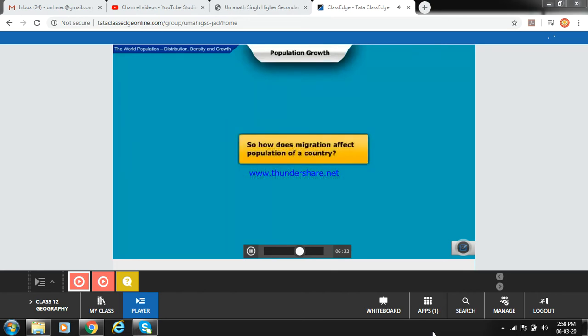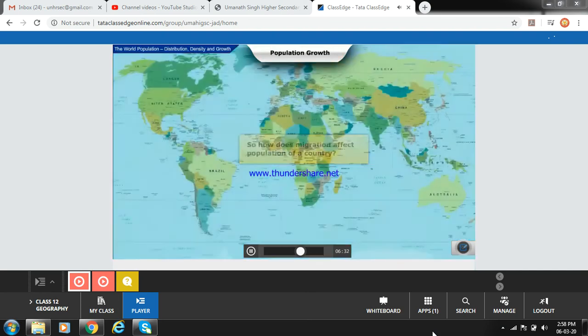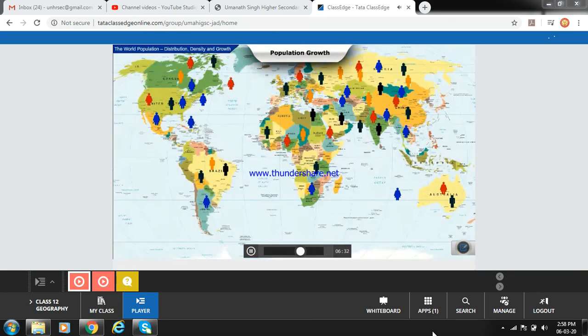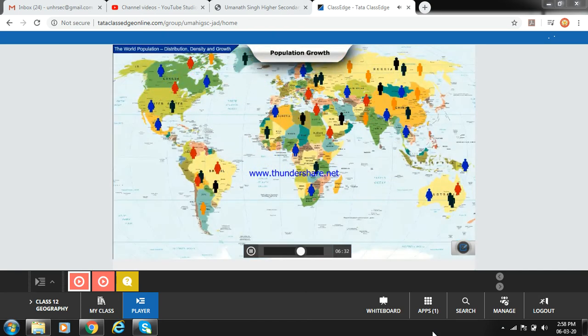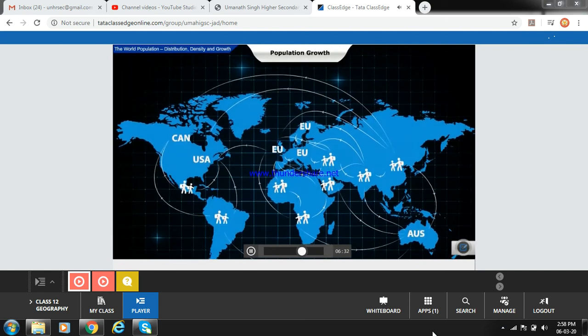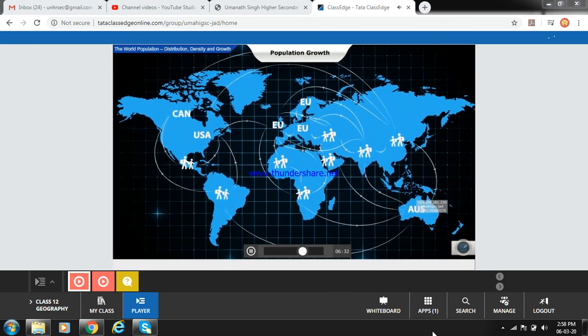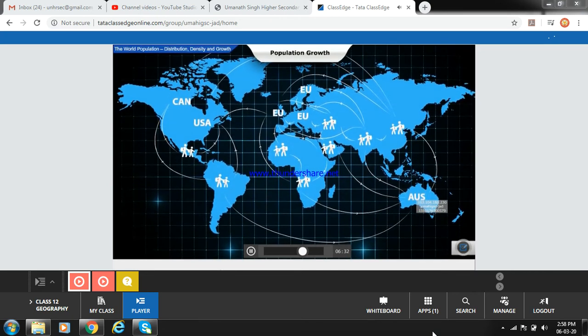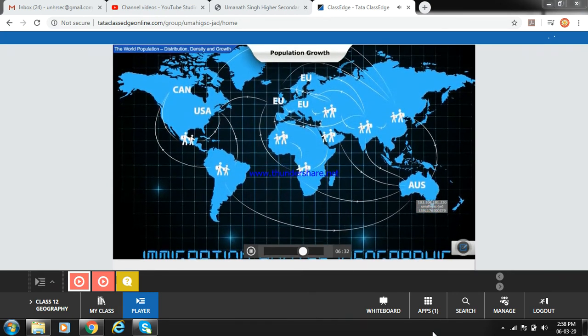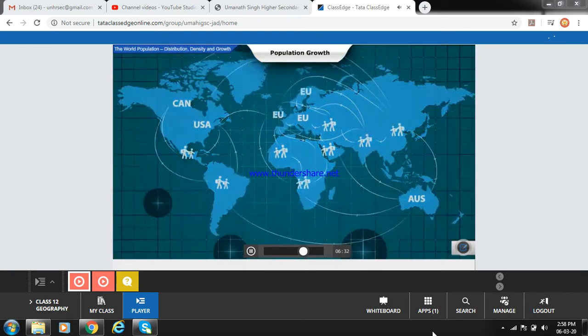So, how does migration affect population change of a country? Apart from birth and death, there is another way by which the population size changes, which is called migration. Migration is the movement of people from one place in the world to another for the purpose of taking permanent or semi-permanent residence.